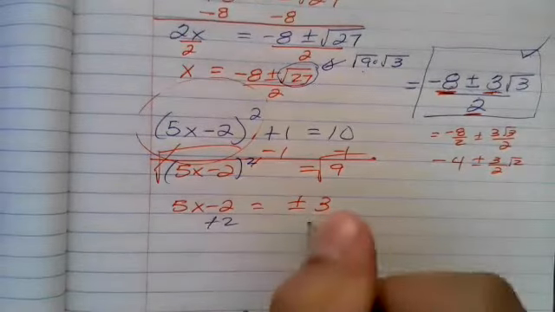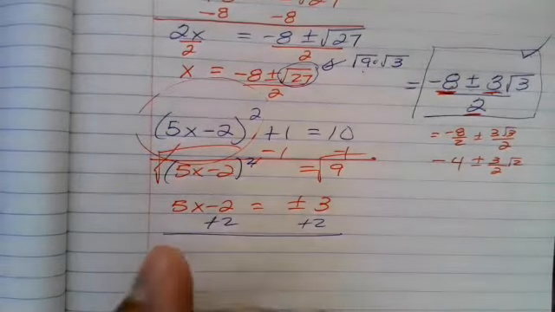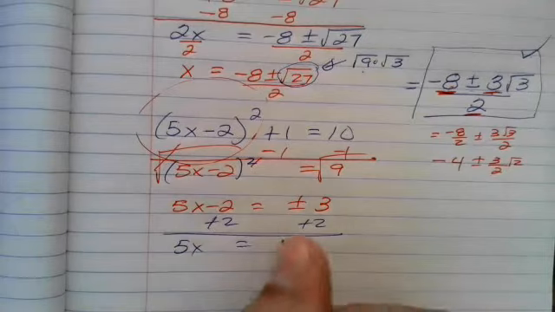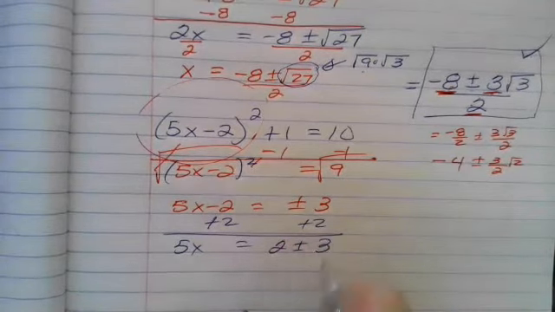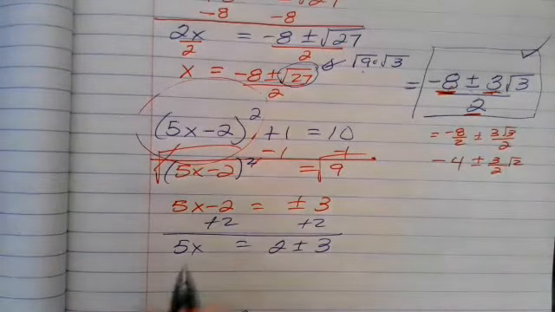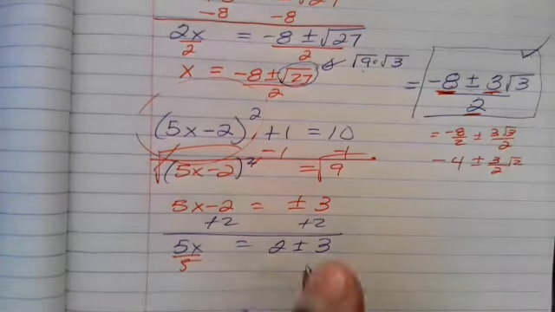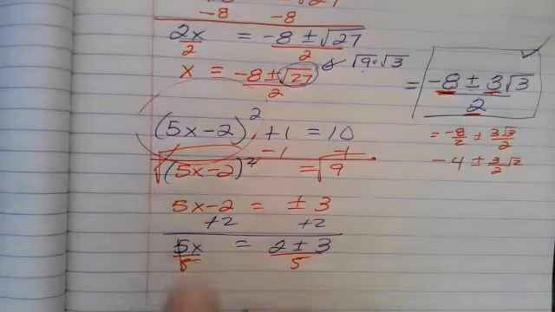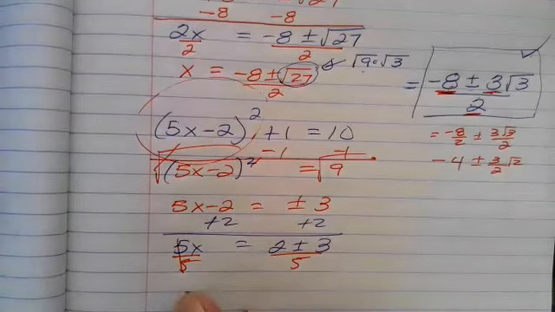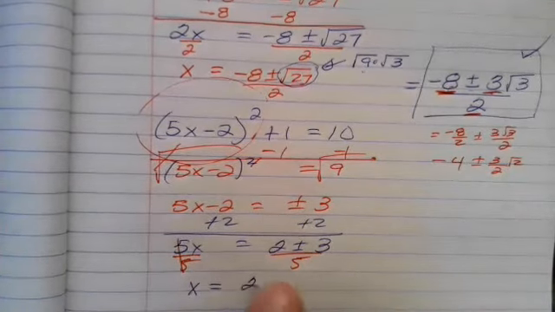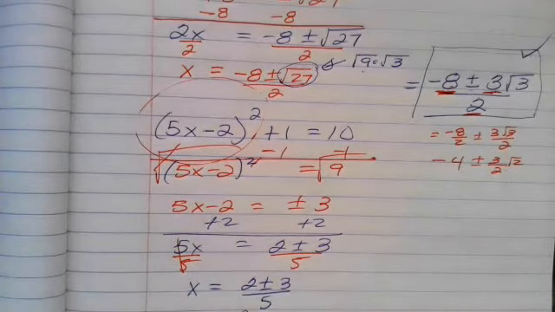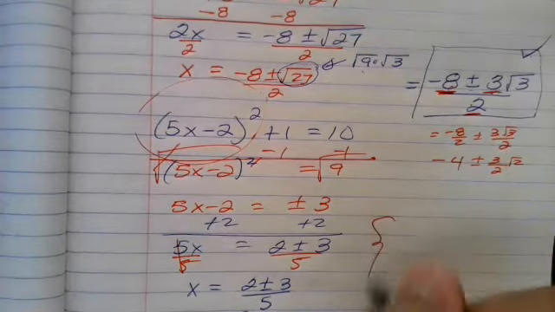I add 2 to both sides. So I'm going to have 5x is equal to 2 plus or minus 3, divided by 5. So I have x is equal to 2 plus or minus 3 all over 5, which could be simplified because I could add or subtract the top. Really, I have two solutions.